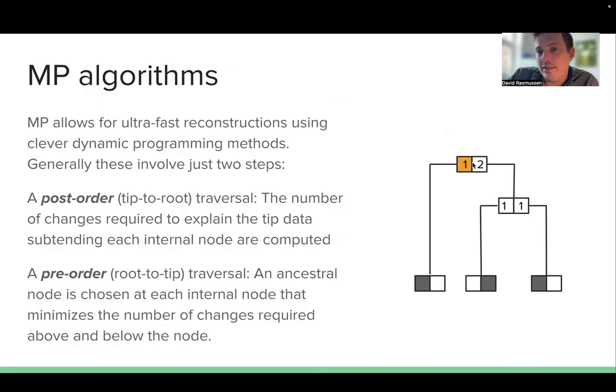So at this ancestral or root node, we would pick state 1, and then we would also pick state 1 here, because this would give us the path of states from the root to the tips that requires the fewest overall number of changes, which along this path would just be one mutation, most likely occurring along this branch.